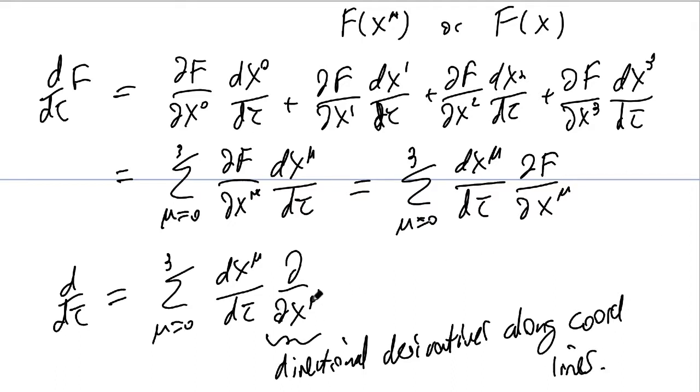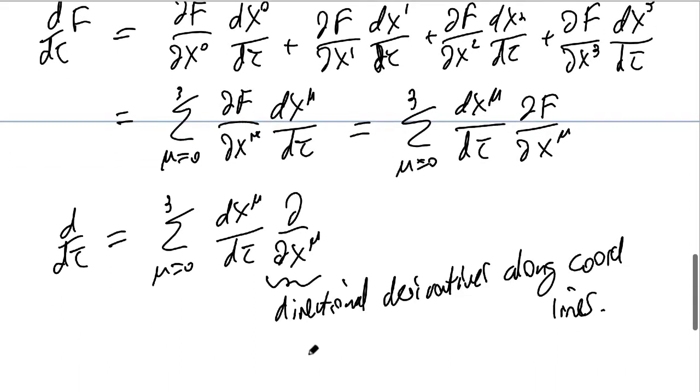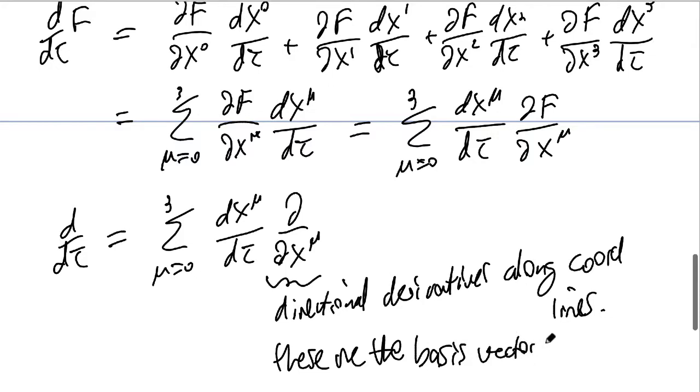Okay, these form a set of basis vectors associated with the coordinate system. So these are the basis vectors associated with the coordinates x mu.